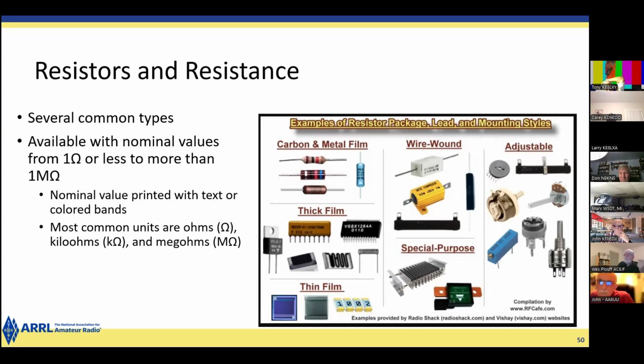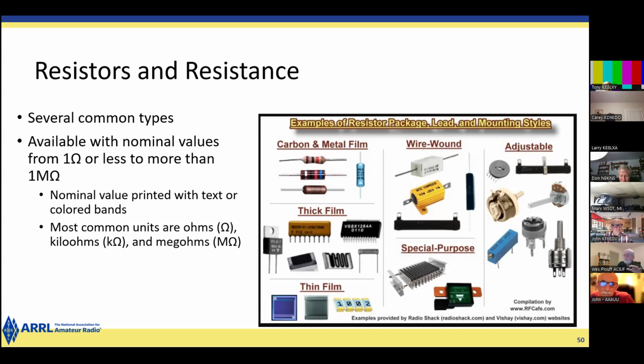Thick film resistors, continuing on the left, you can see one of them. You can see a sort of wavy line, and that's a trace of a resistive film that the current flows through, and by the composition and the length of that line, I'm sorry, you can change the resistance.